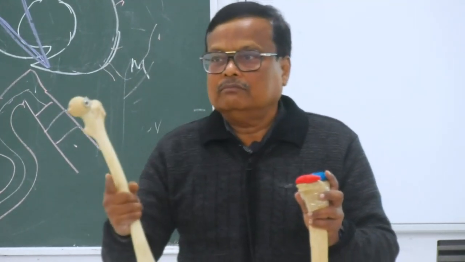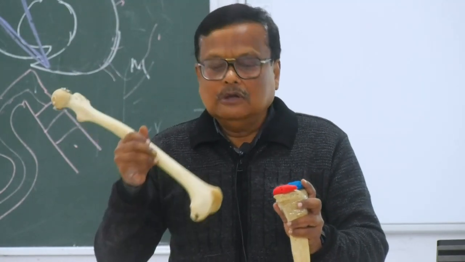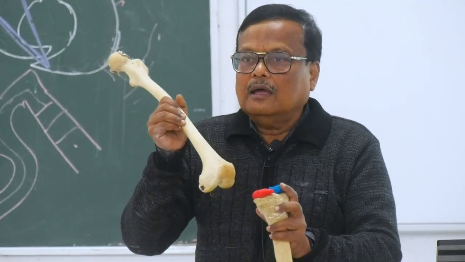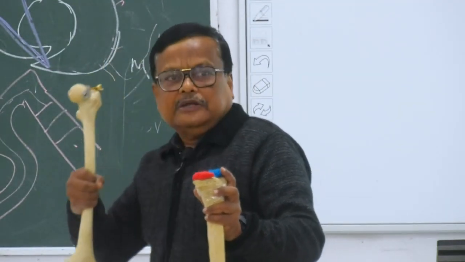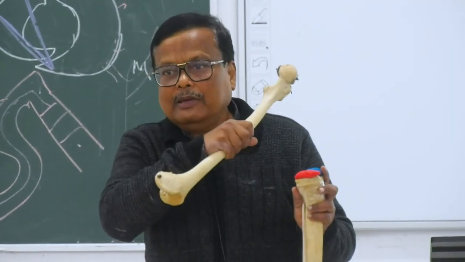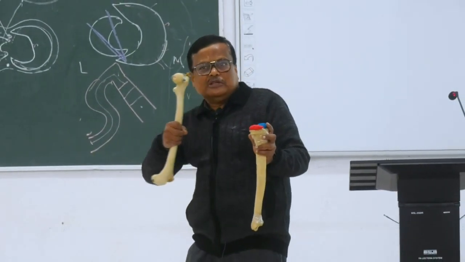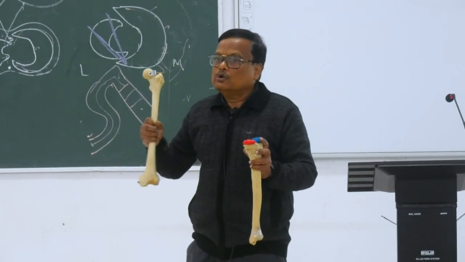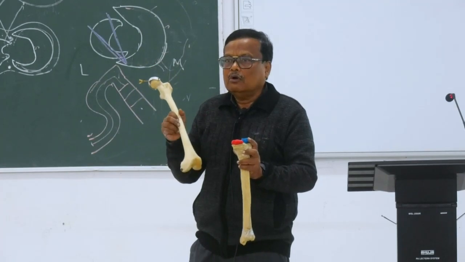So it orders the quadriceps to act, but the posterior part of the capsule, the oblique popliteal ligament and the posterior cruciate ligament, are stretched and it cannot go further.